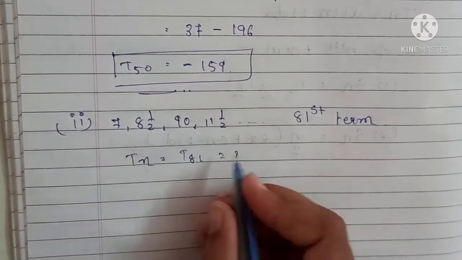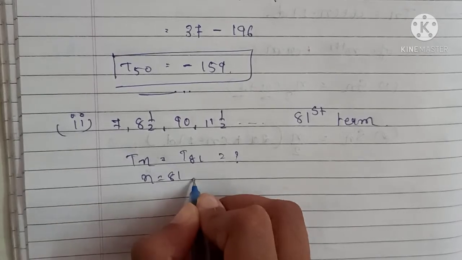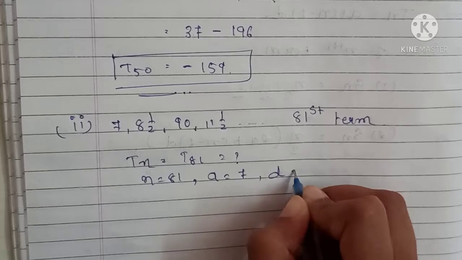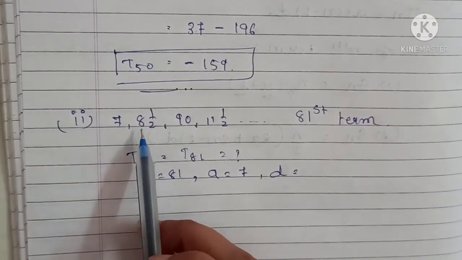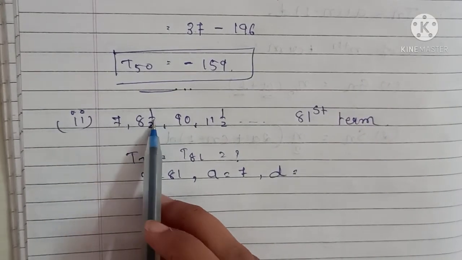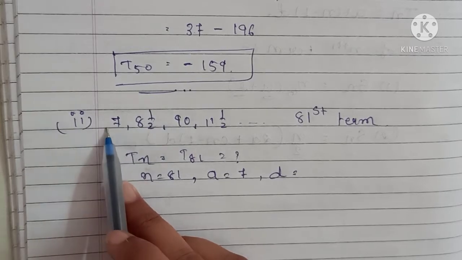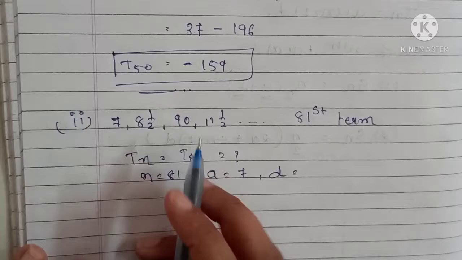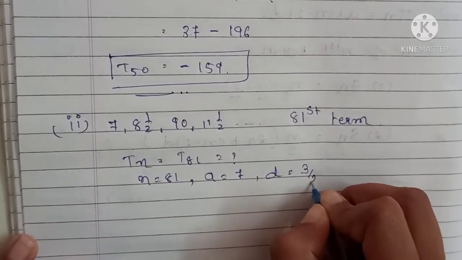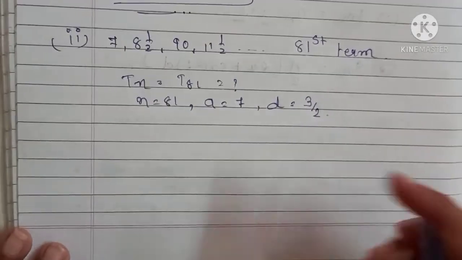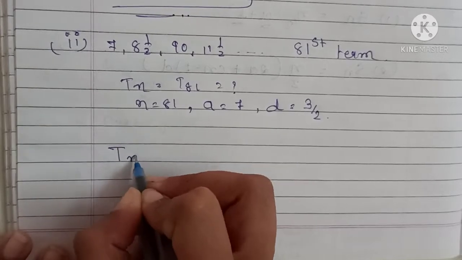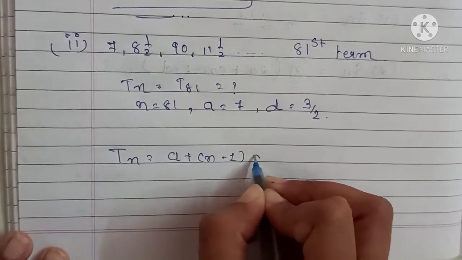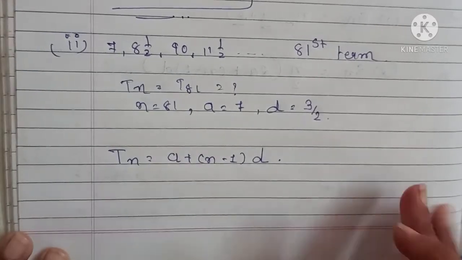We have n equals 81, A equals 7, and D, D means difference, is 8.5 minus 7, that is 1.5, that is 3 by 2. So the difference is 3 by 2. Tn equals A plus (n minus 1) into D.